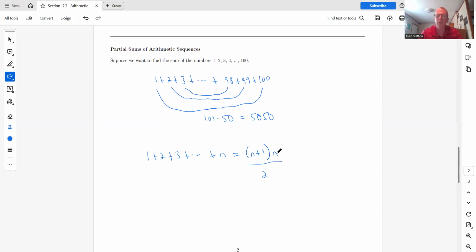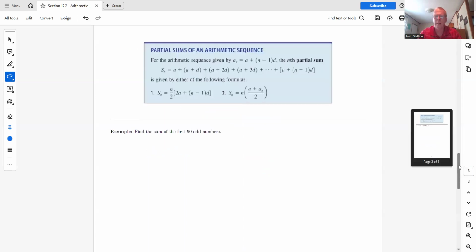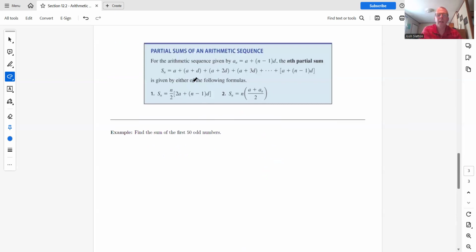But what we're more interested in are these arithmetic sequences where we have a plus d plus a plus 2d plus a plus 3d, and so on, all the way up to n minus 1 times d. And we won't derive these formulas just for the sake of time, but either one of these formulas will work.